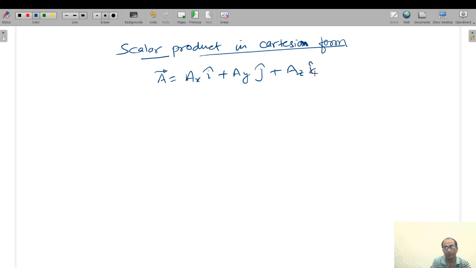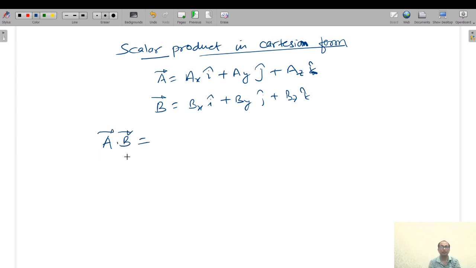This is a three-dimensional vector in Cartesian form, and vector B is BXi plus BYj plus BZk. If you have to find A dot B, the dot product of A and B, then first AXi gets multiplied with BXi, BYj, BZk, then AYj gets multiplied with these three in turn.